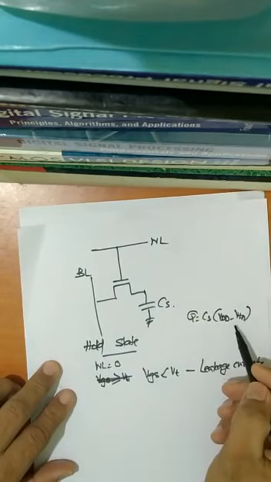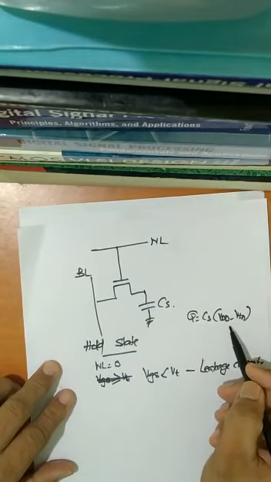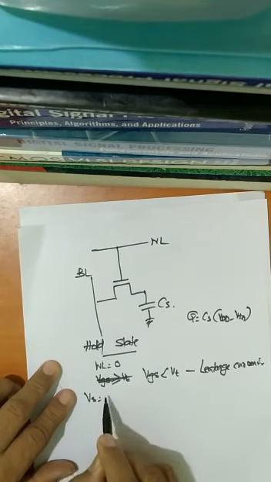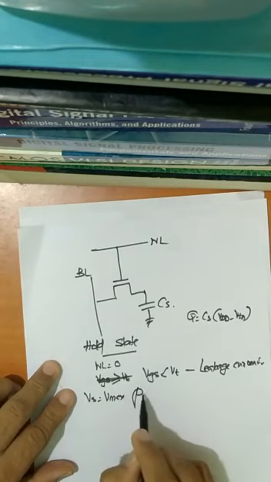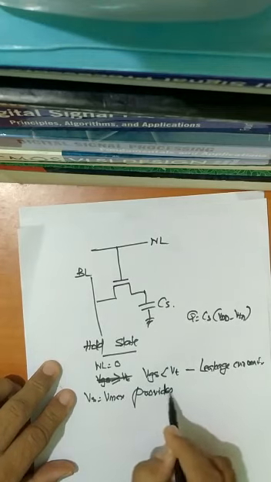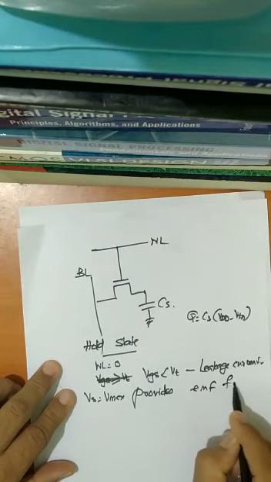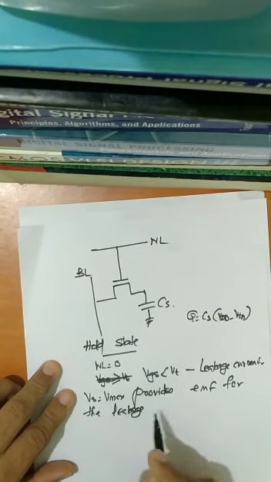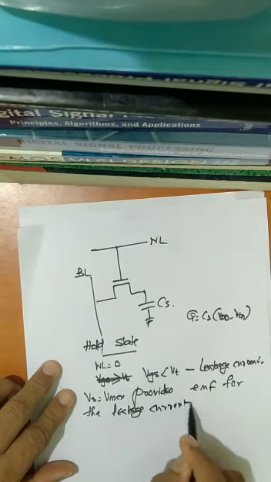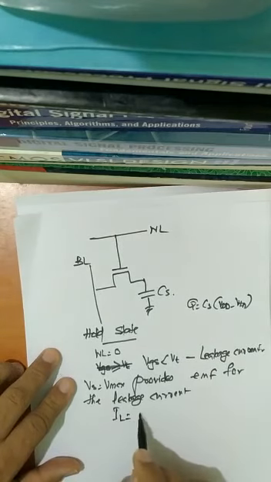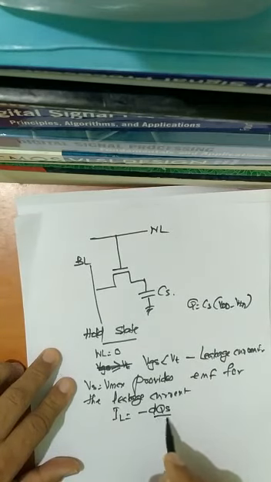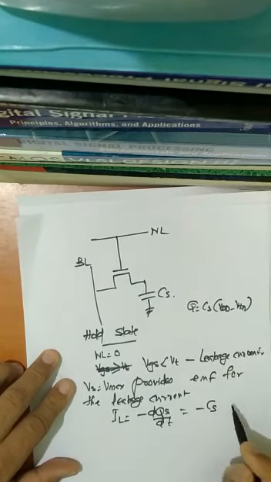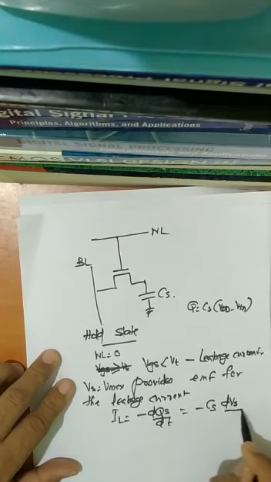Vs equals Vmax, that is VDD minus VT, provides the EMF for the leakage current. So that leakage current IL equals minus dQs by dt, which is equal to minus Cs multiplied by dVs by dt.